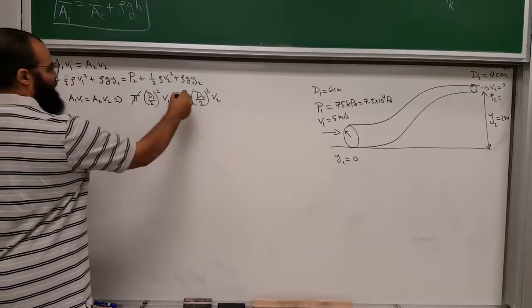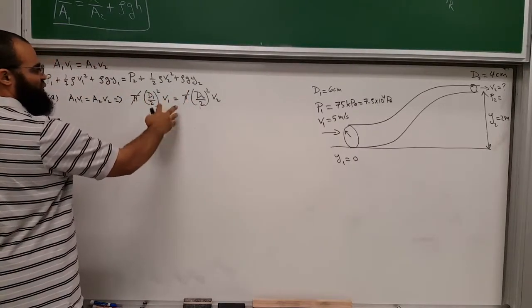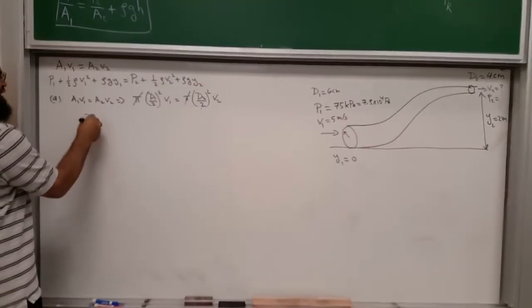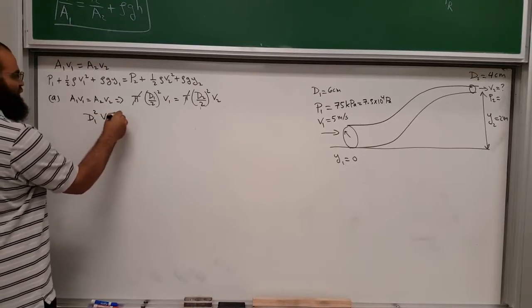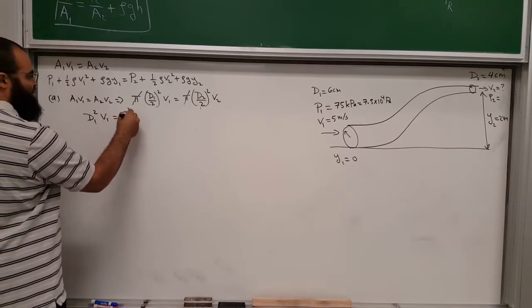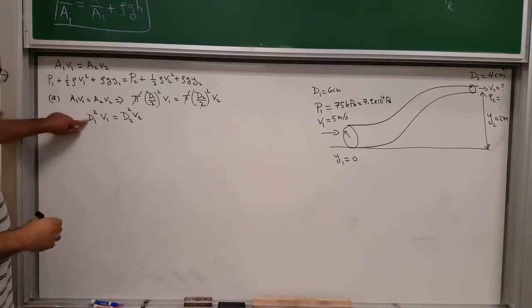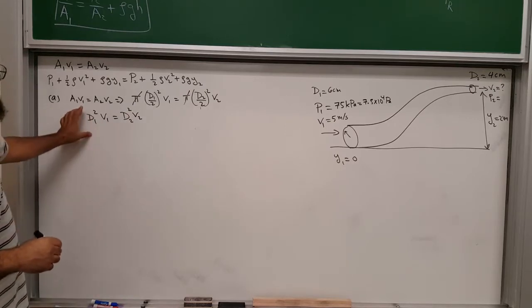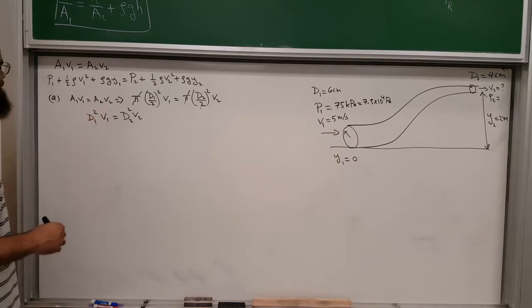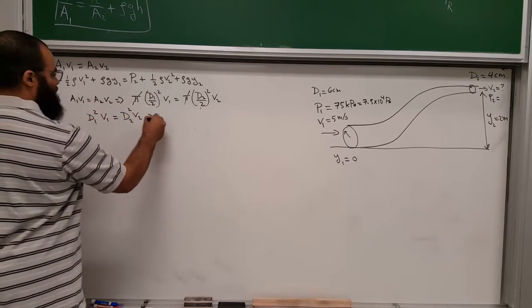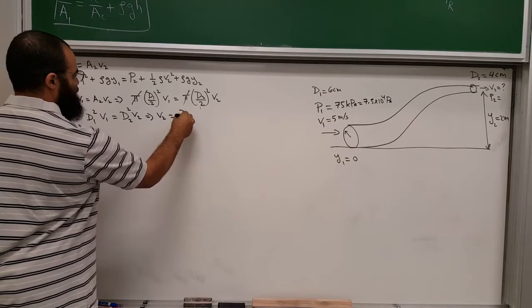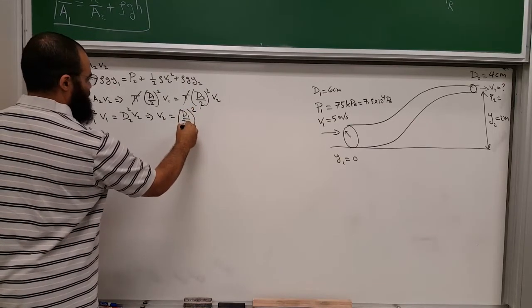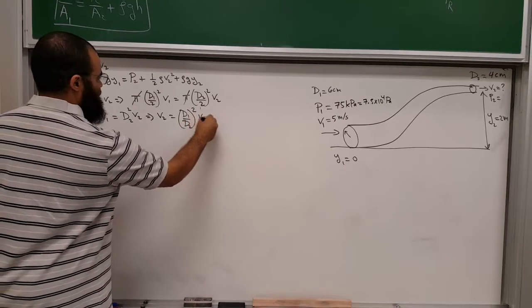You see the pi cancels, and the 1/2 when you square it becomes a 4th, so the 4th cancels on both sides. So you have basically diameter 1 squared V1 equals diameter 2 squared V2. This happens so often you can just remember it: the area is proportional to the diameter squared. So V2 equals diameter 1 divided by diameter 2, the whole thing squared, times V1.